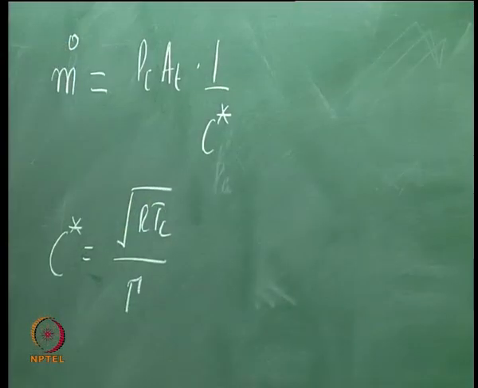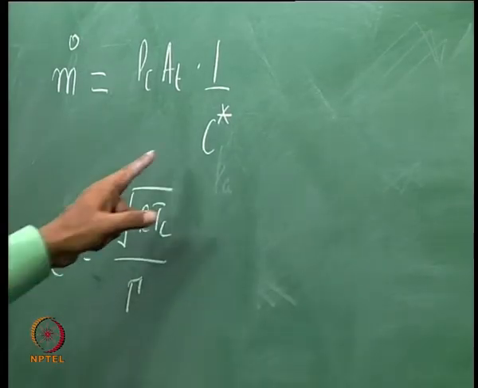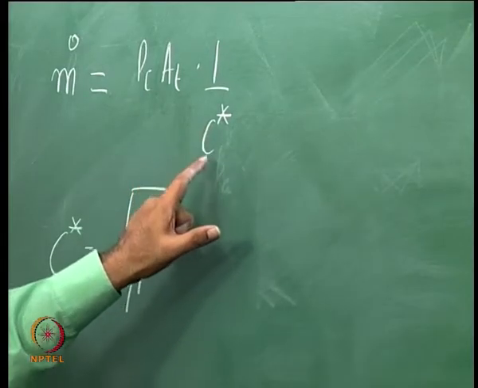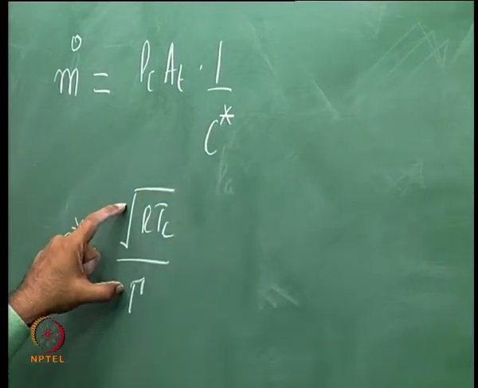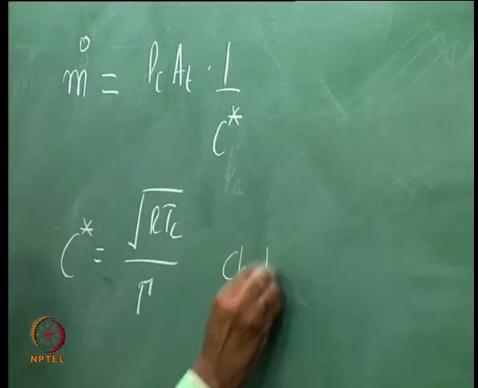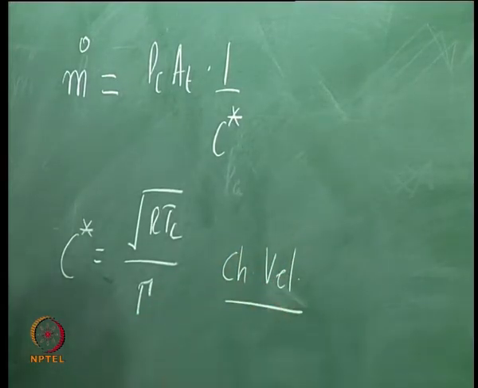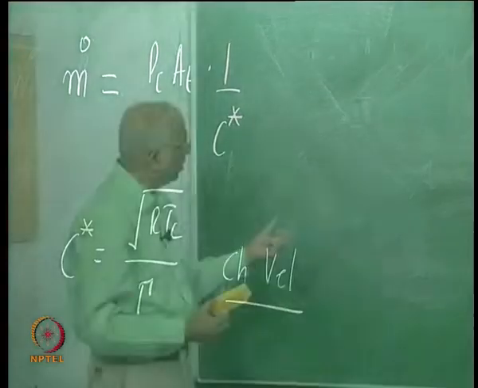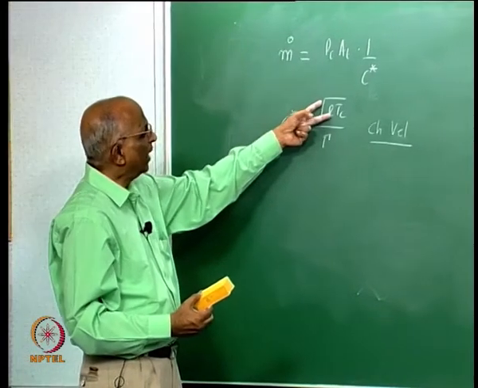What did I do? m dot is equal to PcAt divided by the value of under root RTC by gamma, where this has unit of velocity and therefore I call it characteristic velocity. Is it all right? We are just defining something because you find that the unit is velocity.